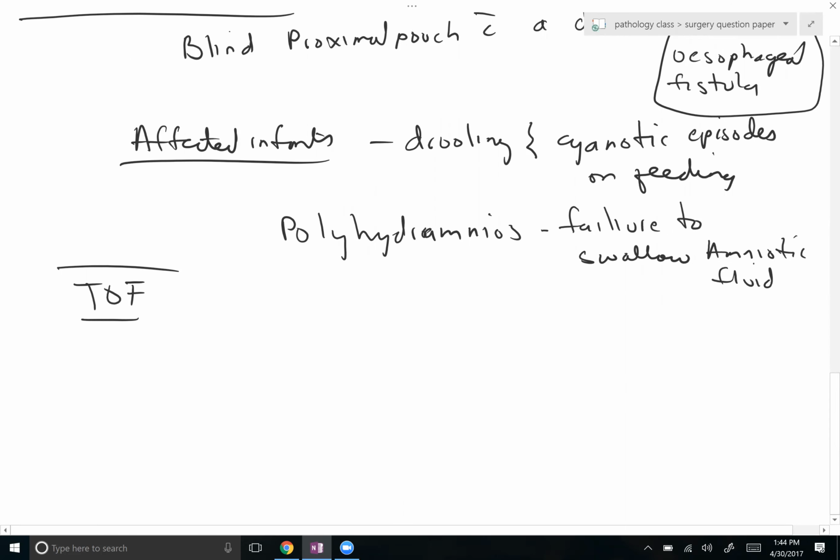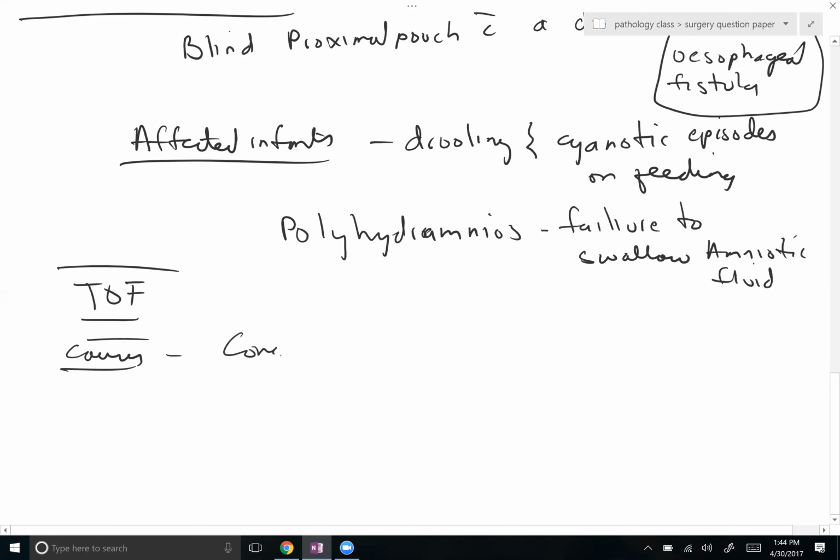Now, they are basically associated, atresia plus fistula. First and foremost, what are the causes of tracheoesophageal fistula?